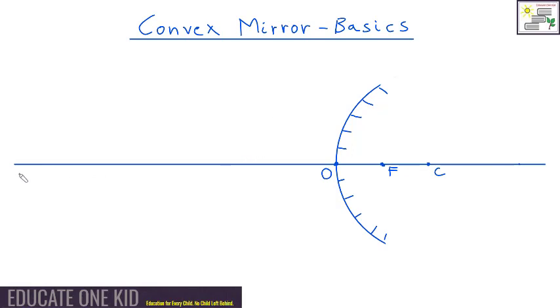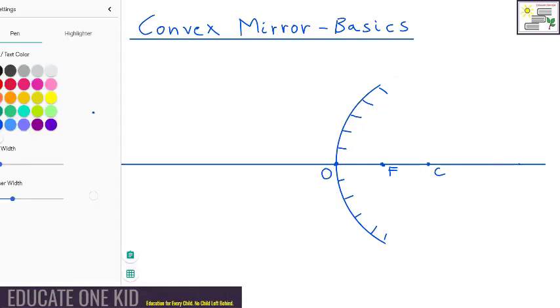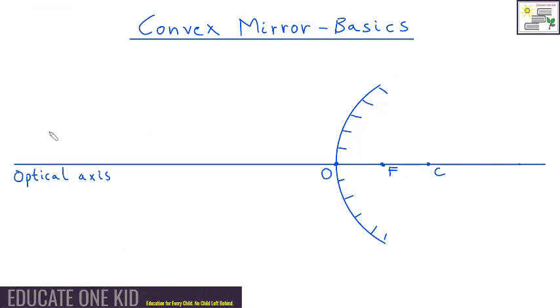Let me just mention first that this line here that passes through the center of the mirror, this is again known as the optical axis. So let us look at light rays that arrive at the mirror parallel to the optical axis.